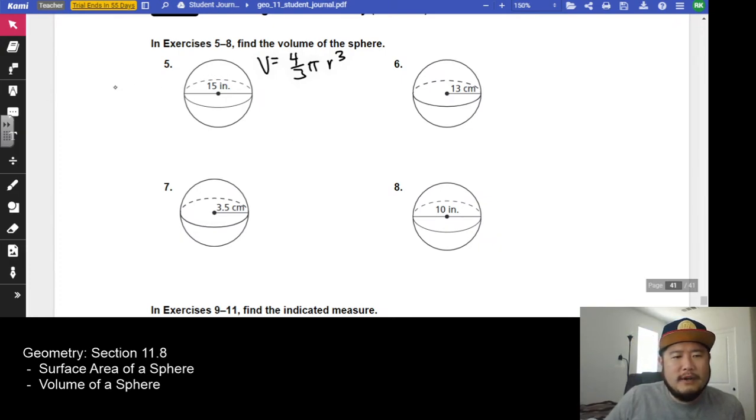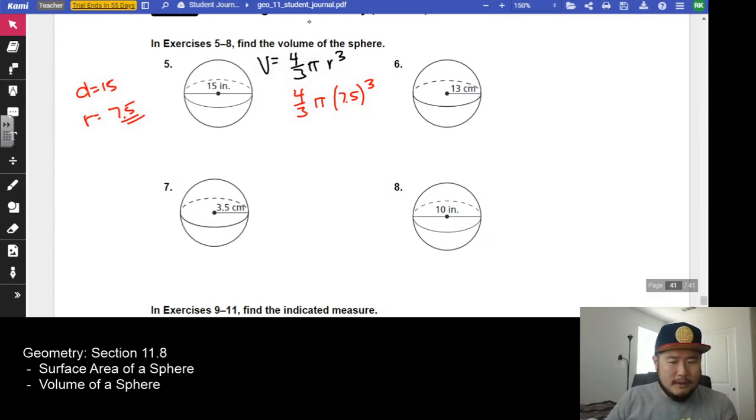They give us 15 right here. That is the diameter. We need the radius. We'll divide that by 2, so your radius is going to be 7.5. So let's start putting things together. We got 4/3 pi, and then you got 7.5 to the 3rd power.